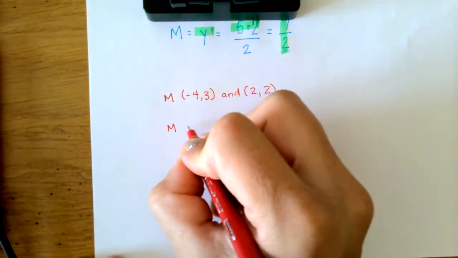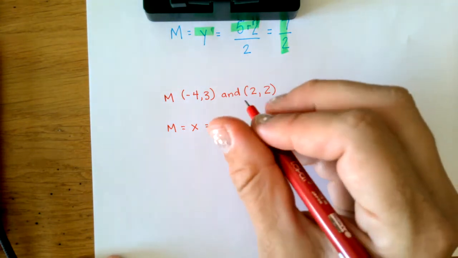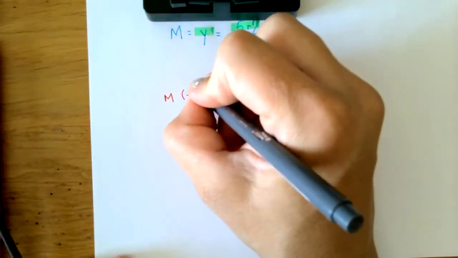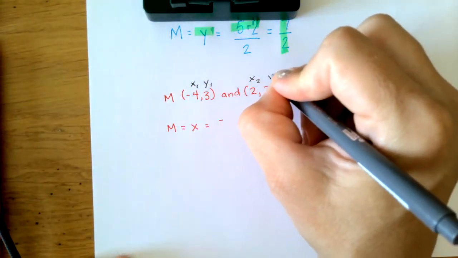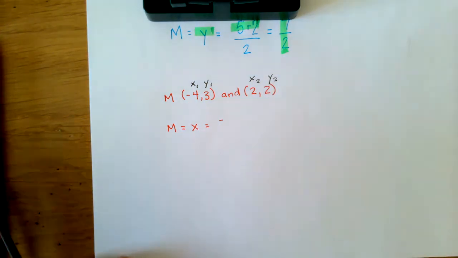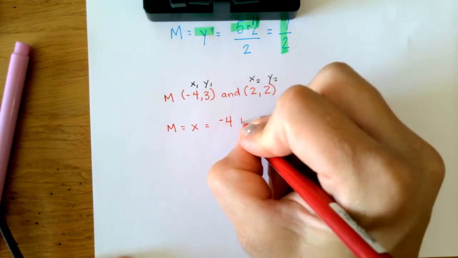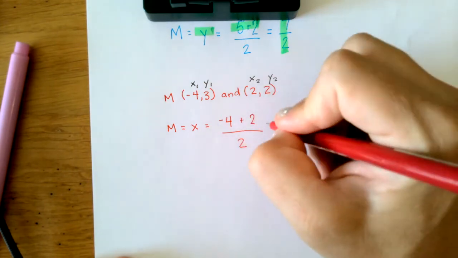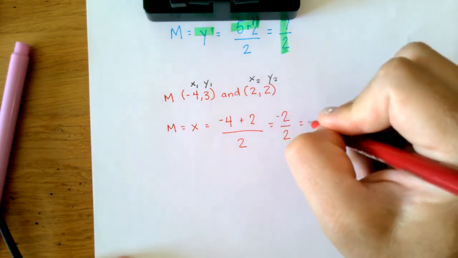So the midpoint of x is, x1, y1, x2, y2. Okay, so x is x1, -4, plus x2, 2 over 2. -4 plus 2 over 2 is -2 over 2, which becomes -1.